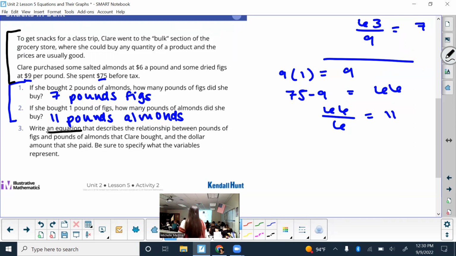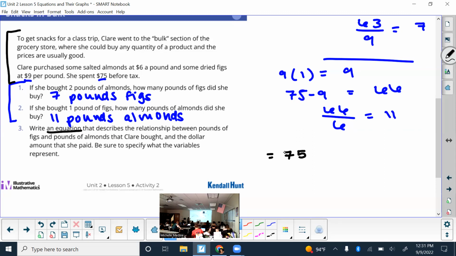Here's a few tips in case writing equations is hard for you. On one side of the equal sign is usually any what? Like an answer, a grand total. So what's my grand total in here? My grand total, 75.